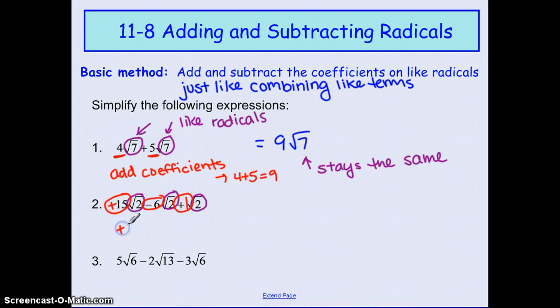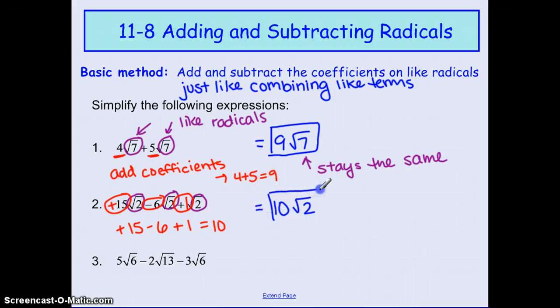So our coefficients are plus 15, minus 6, and then plus 1. So that's going to be 16 minus 6, or 10 on the coefficient side. Our final answer would be 10 for our coefficient, and the radical stays the same, so we have 10 square roots of 2. So first example, 9 square roots of 7. Second example, 10 square roots of 2.